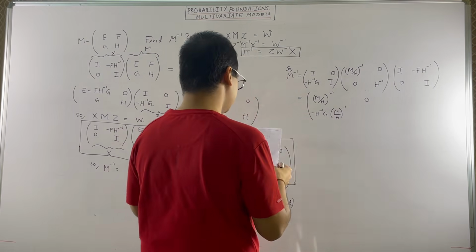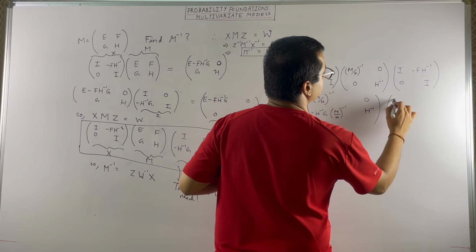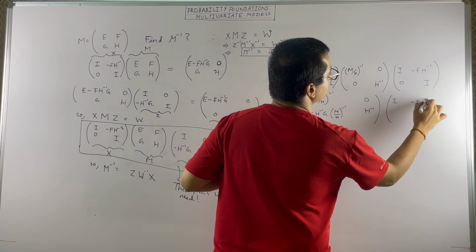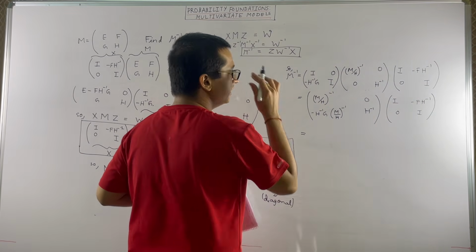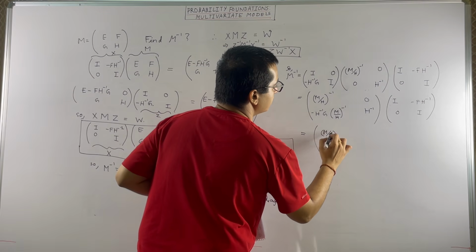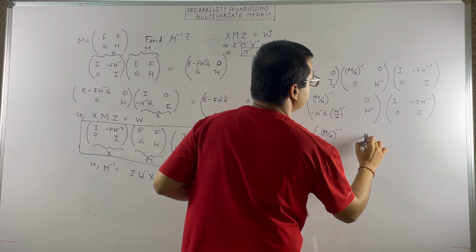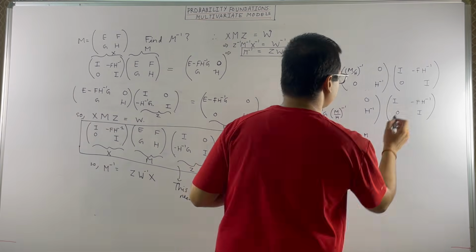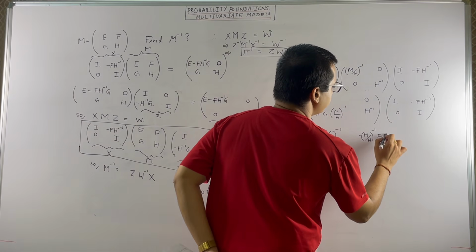m by h inverse. All right, and this will be h inverse. So this times 0 I. If I multiply this, what will I get? M by h inverse. All right, and then m by h minus m by h inverse fh inverse.